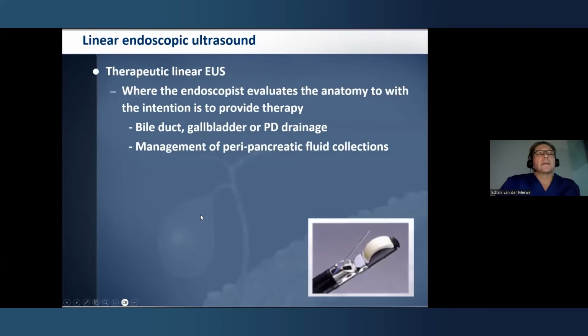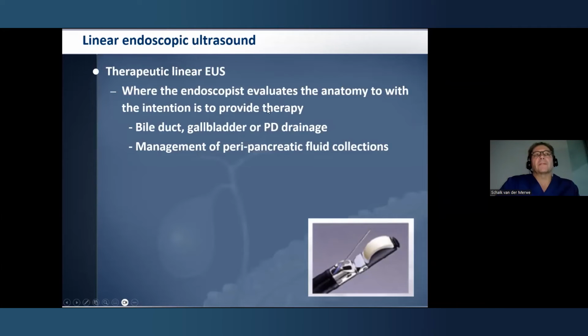So if that is the case for the use of linear EUS in diagnostics, how should we approach the use of linear EUS in therapeutic EUS? Well, I think the objective may be slightly different, because in therapeutic EUS, the endoscopist wants to evaluate the anatomy with the intention to provide therapy, be it therapy of the bile duct, the gallbladder, pancreatic drainage, or fluid collections.